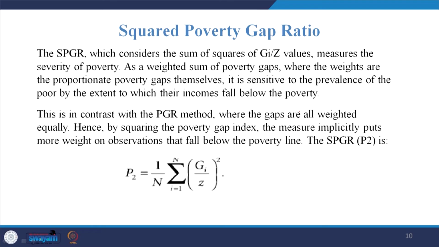Therefore, it is an improvement over the poverty gap ratio, and the formula is P2 equal to 1 upon n, sigma i equal to 1 to n, bracket Gi divided by Z, bracket close, to the square. So, it is the sum of squares of gaps divided by Z.